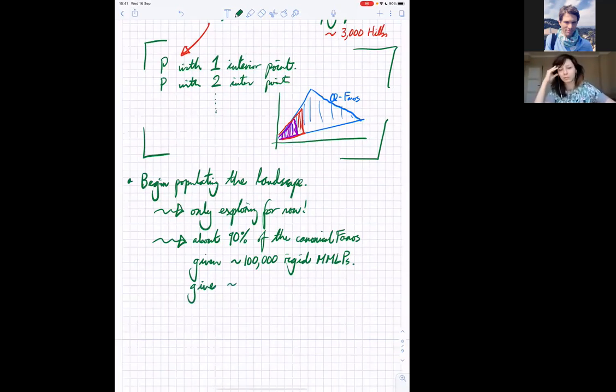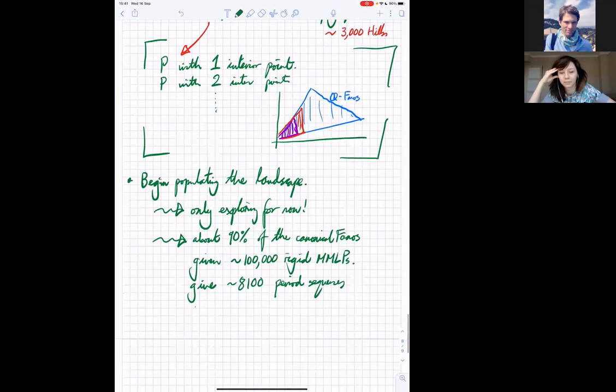This has given us approximately 8,100 distinct periods, and these correspond to approximately 1,100 distinct Hilbert series.